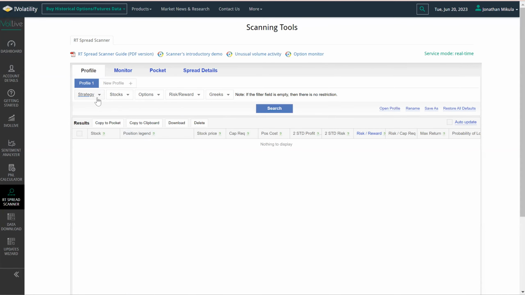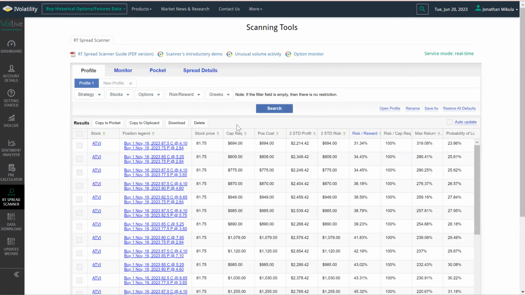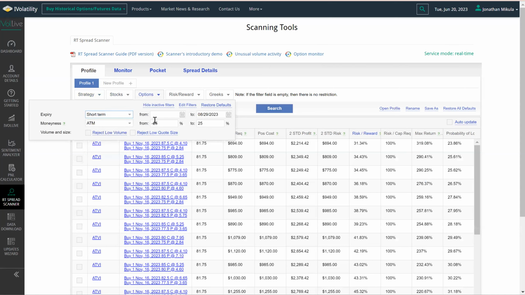What I thought was cool about those examples was, if we come back here to Strangle on Activision, you could see with Dish the main difference is we used the short term expiration, because that catalyst was going to happen within the next month or two.